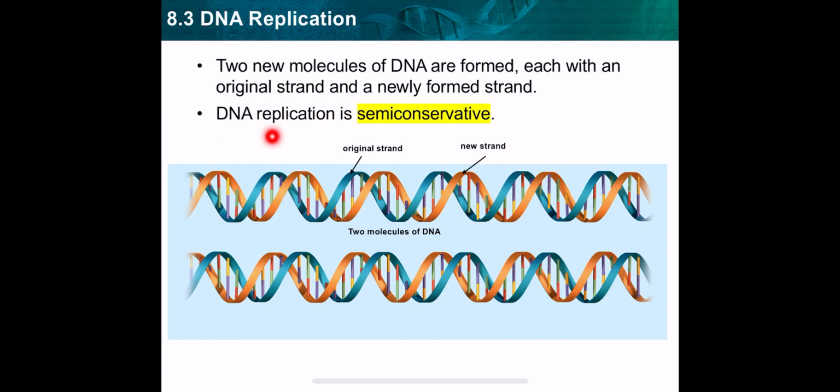That's why DNA replication is a semiconservative process. So my question now, why is DNA replication a semiconservative process? Because after DNA replication, two new molecules of DNA are formed, each with an original strand and a newly formed strand. That's why it's a semiconservative process.